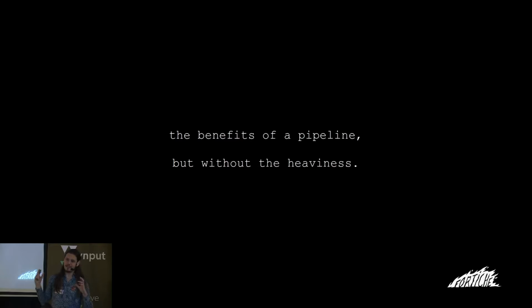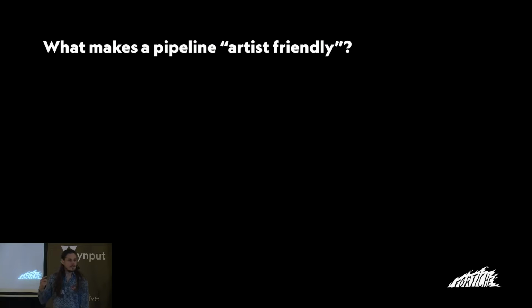So what the artists want is the benefits of a pipeline, but without the heaviness. So this is what we call an artist-friendly pipeline. So what makes a pipeline artist-friendly?